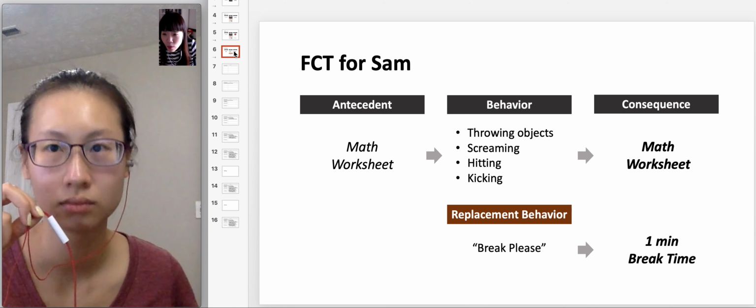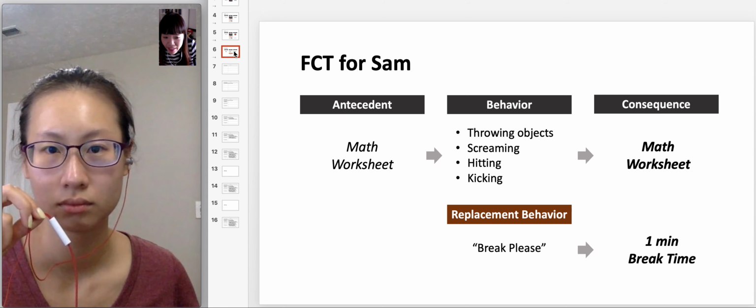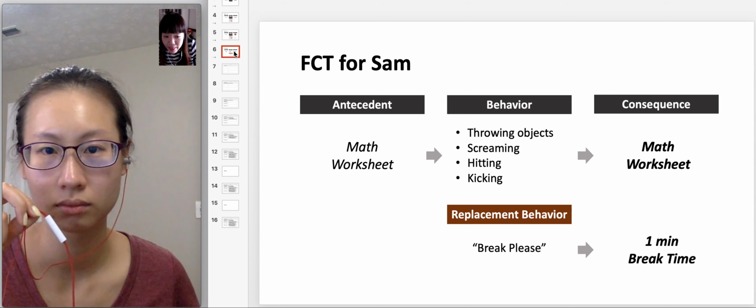Given his verbal ability, you mentioned that saying break please is appropriate and does not require a lot of effort compared to engaging in challenging behavior, right? Okay, so all instances of challenging behavior will be ignored. If he demonstrates the replacement behavior, which is saying break please, the behavior will be reinforced by having a 1 minute break and with your specific verbal praise, like good job saying that.